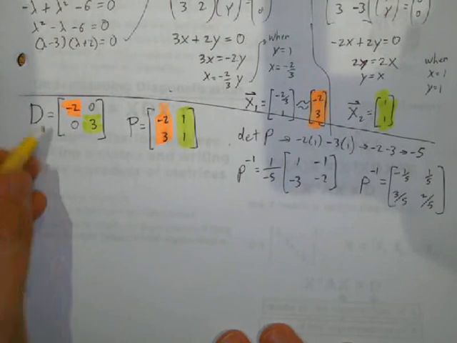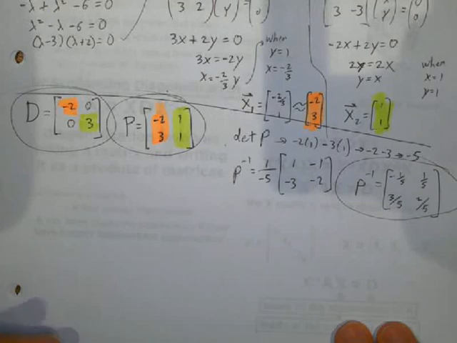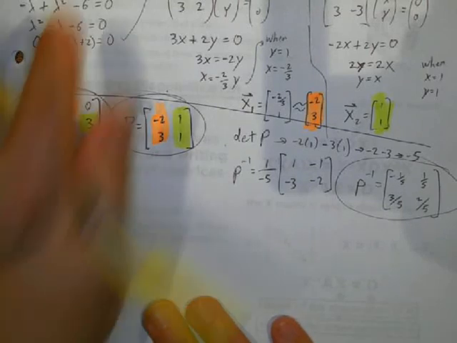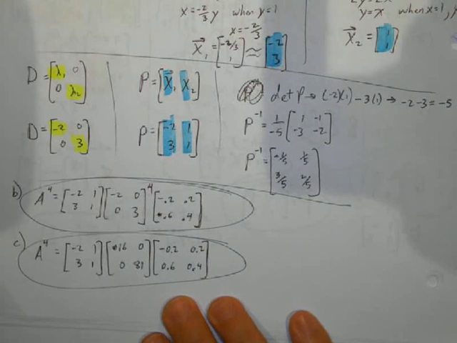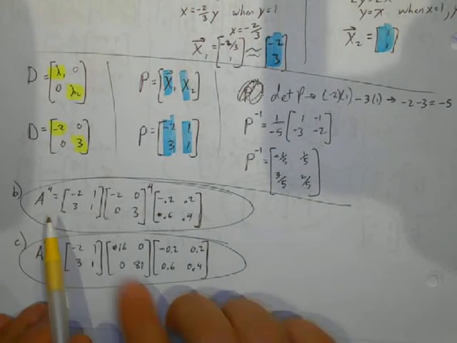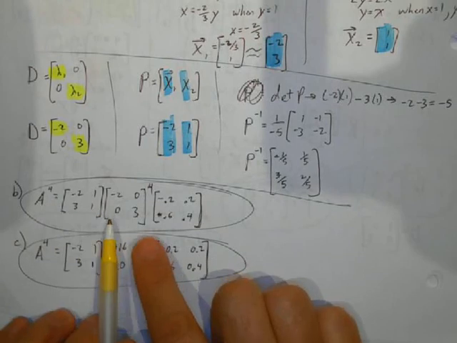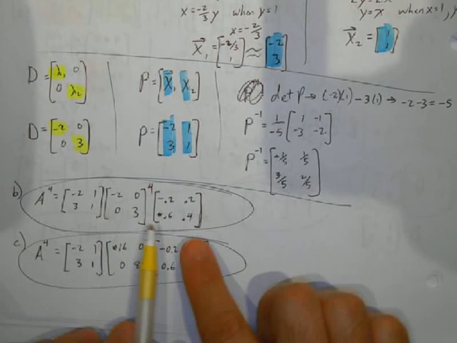Okay, so we've answered question A. They wanted you to find these 3 things. Question B says, hence write an expression for A to the 4th power. So I'm just going to show you. So A to the 4th power, we've written matrix P, which is this first one here. We've got our diagonal matrix to the 4th power, and we've written our inverse matrix here.